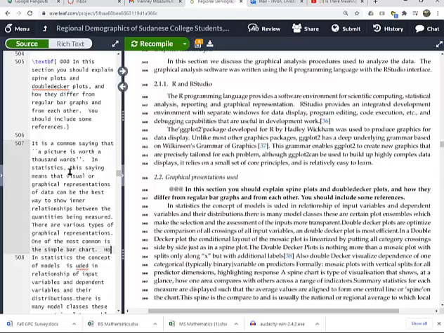However, the bar chart is limited in the information that it can convey. So there are modifications that give more detailed information.